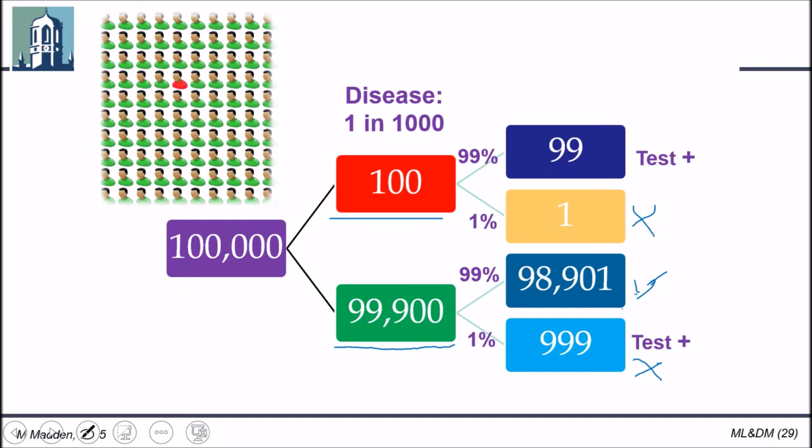But as you can see, this false positive, where these people are testing positive and the test is wrong, greatly outweighs the true positives that we had up at the top.